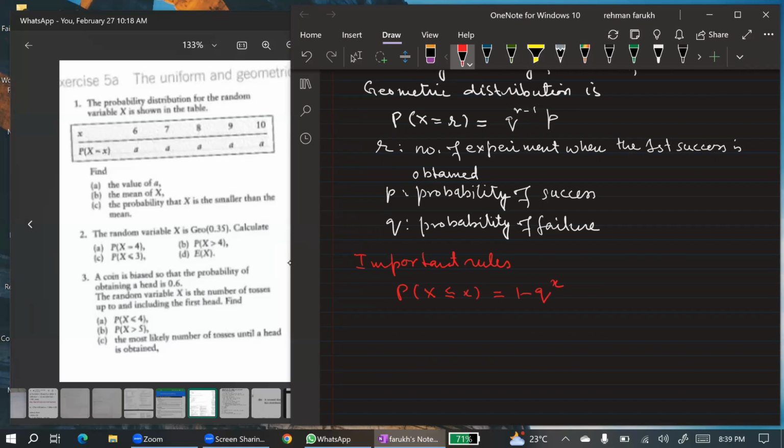Suppose that we will have to perform at least 3 experiments to get the first success. वो क्या हो जाएगा?